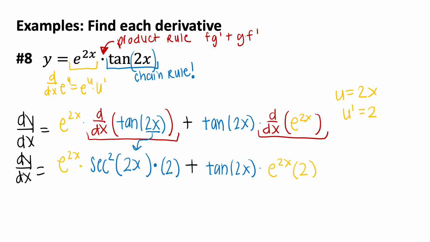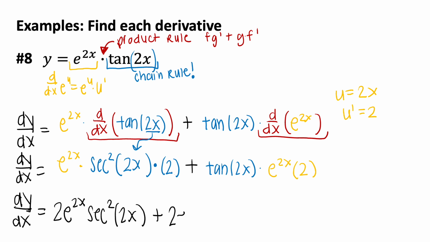And from here, we can just go ahead and simplify whatever we can. So we have dy dx is equal to, I'm going to write this as 2 e to the 2x times secant squared of 2x plus 2 e to the 2x times tangent of 2x.